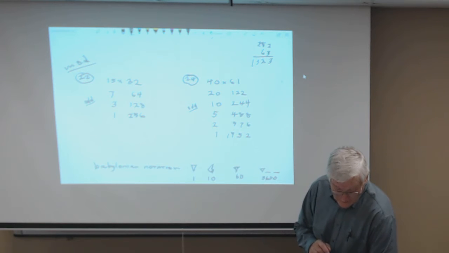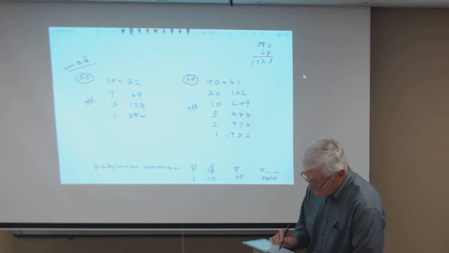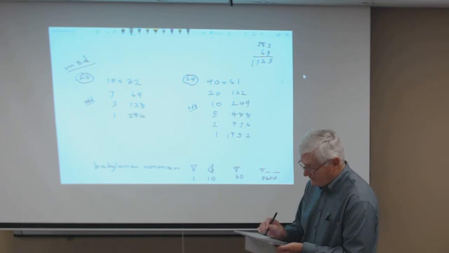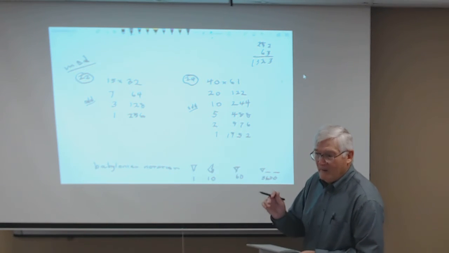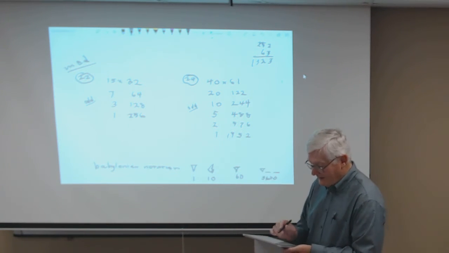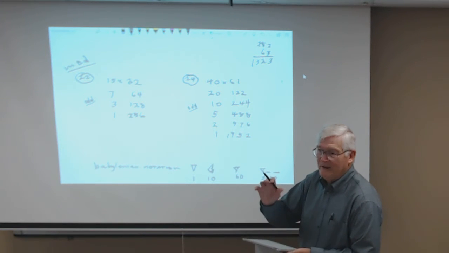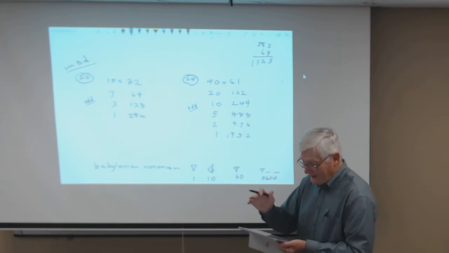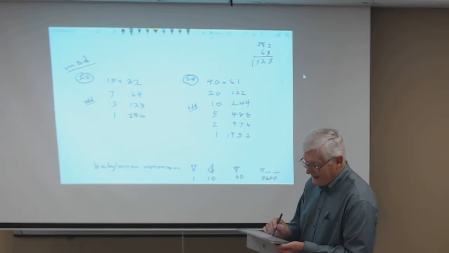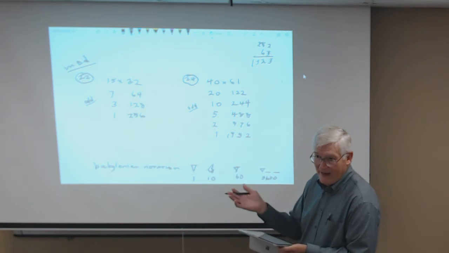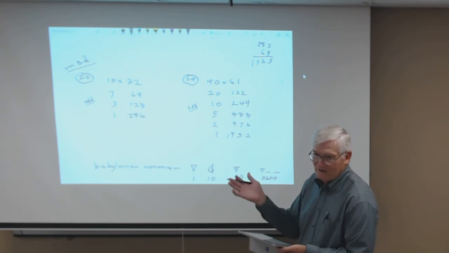And what's problem 22 say? 15 times 32. Do you see how I've got it written on here? Mediate means you take half of that. Mediate would be divided by 2. What's half of 15? 7.5. But Egyptians don't mess with half.